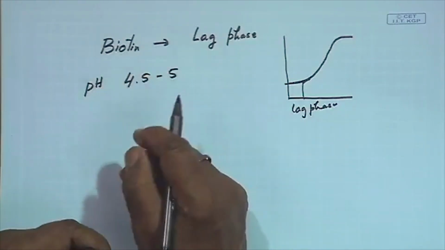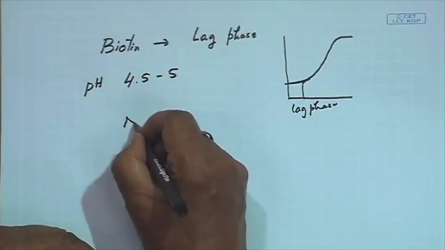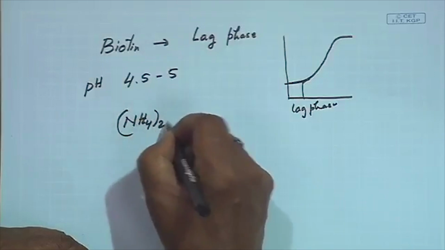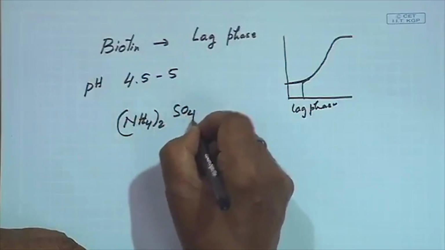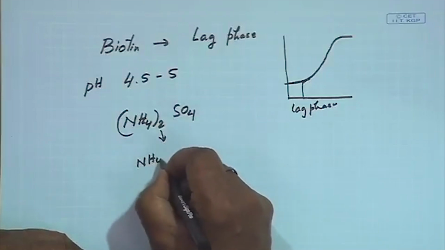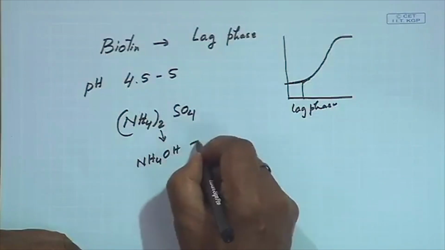Now, diammonium sulfate is used. When you use diammonium sulfate and make a solution, we get ammonium hydroxide and H2SO4.